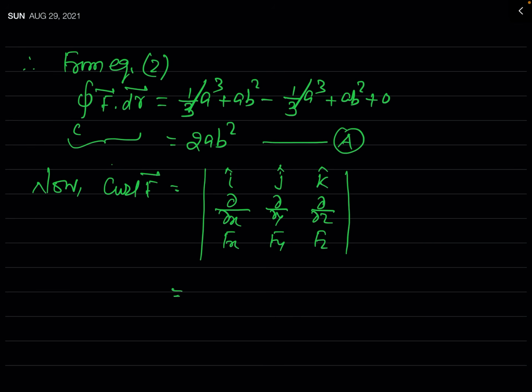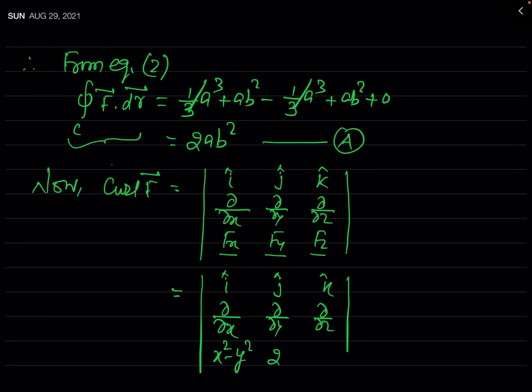But according to our problem, fx is equal to x square minus y square, fy is 2xy, and fz is 0. So you should write it in this manner: i, j, k, del del x, del del y, del del z, and fx is x square minus y square, fy is 2xy, and fz is 0.